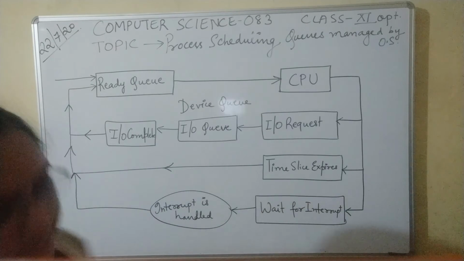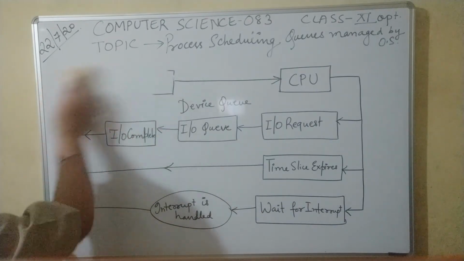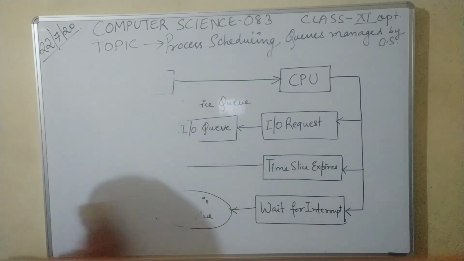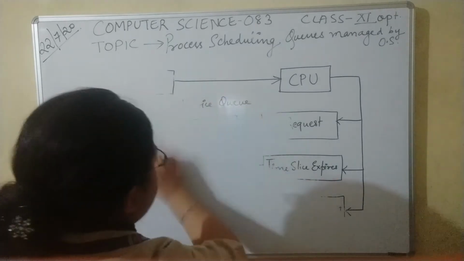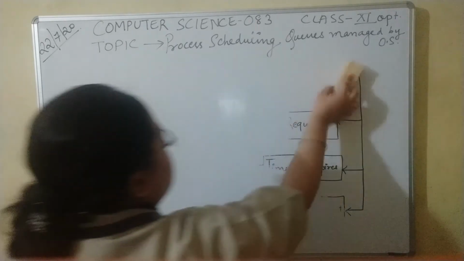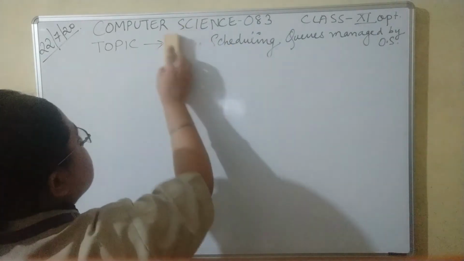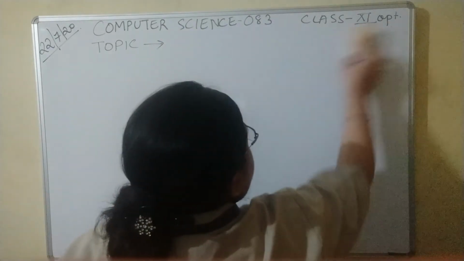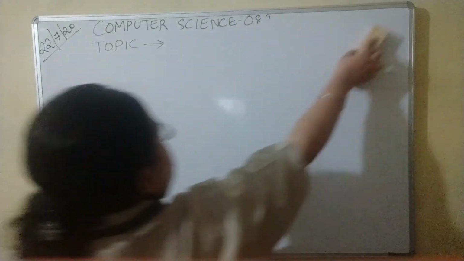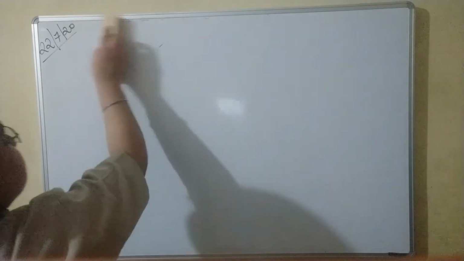Now our next topic is job scheduling. Students, we already know that there are multiple tasks which are being performed by our CPU. I'm going to rub everything over here so that I get extra space. Next is, what is job scheduling?